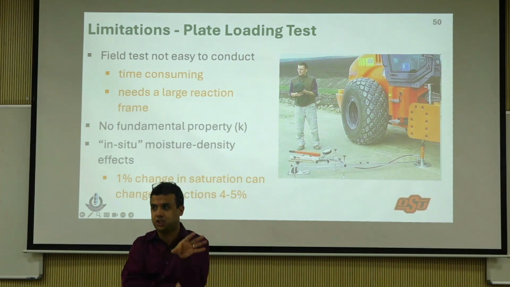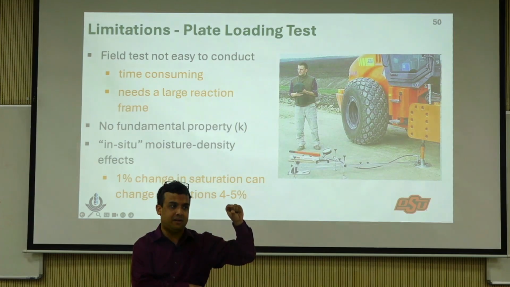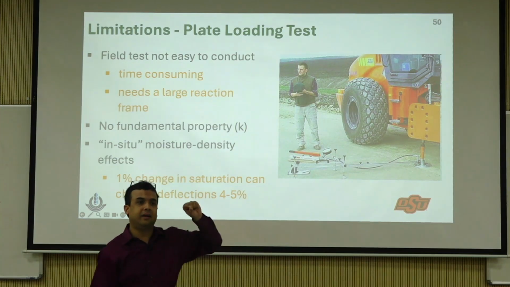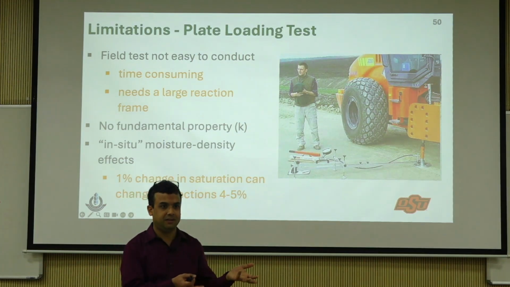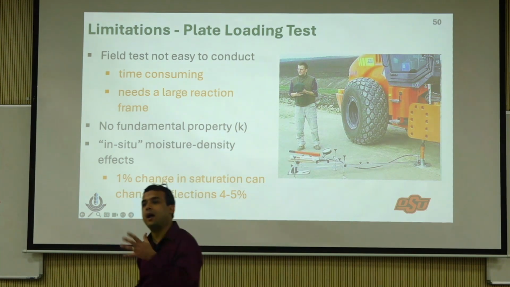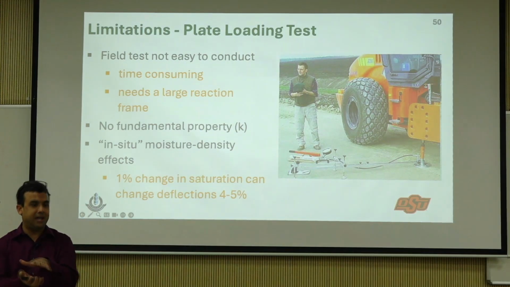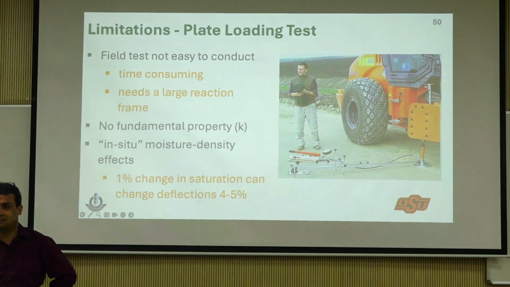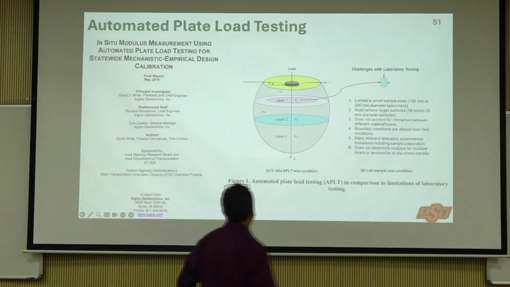There is plastic for sure, there is no doubt about it, but there is some elastic happening as well, right? But resilient modulus is 100% elastic. You're talking about elastic behavior. So you are running a test where you are measuring even plastic deformation, and you are using that to predict only elastic properties, which is resilient modulus. That's the challenge, the main shortcoming of that.